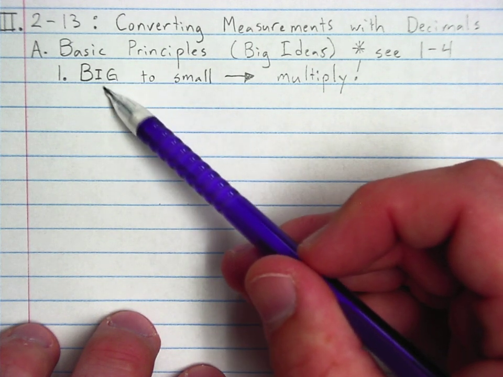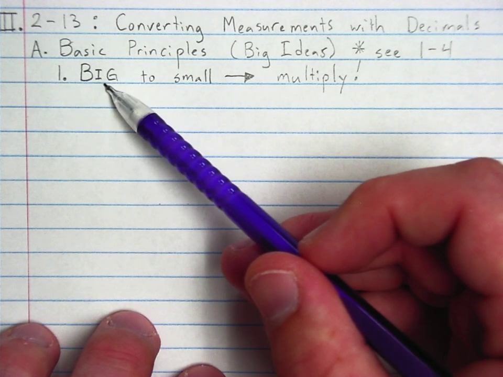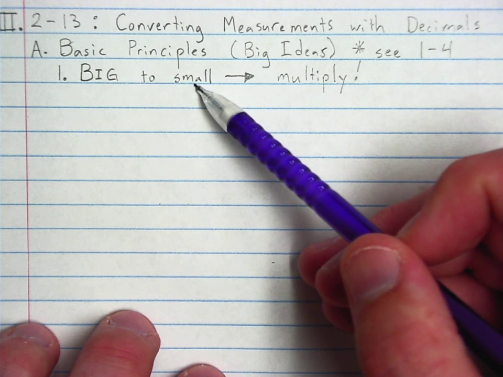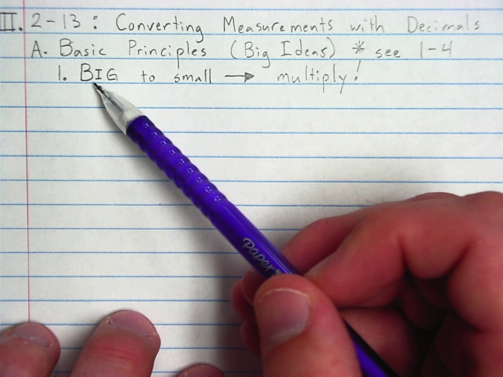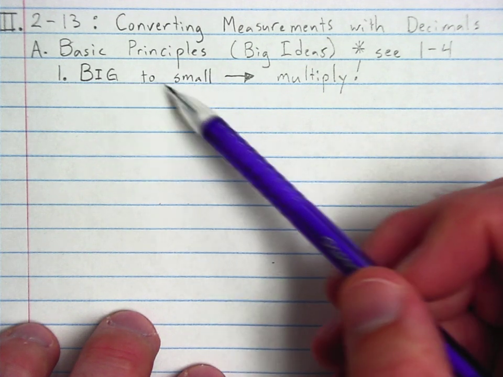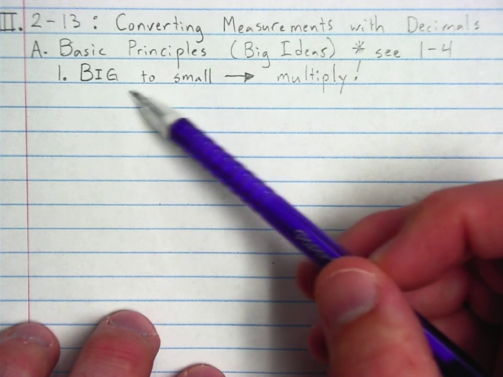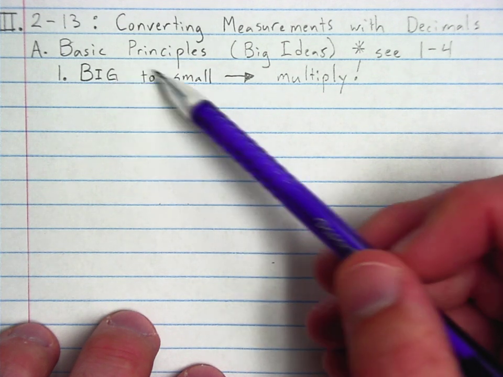So for every group of big measurement, every group of kilometers, I'm going to have 1,000 small meters in this case. If I'm going from meter to centimeter, I'm getting smaller. I'm breaking it into parts. So that would still count as big to small.